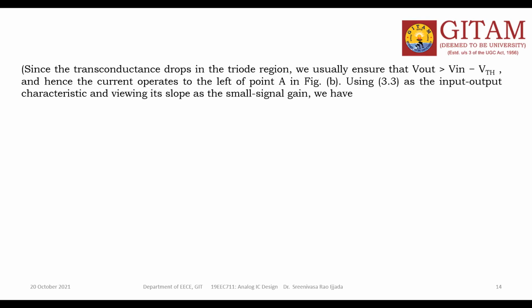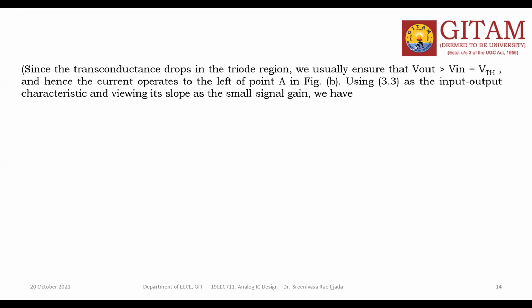This is the effective voltage. Generally the output voltage is tracked between the drain and source, so the condition is VDS greater than VGS minus VTH. Which region does it operate in? Saturation. And hence the current operates to the left of point A.